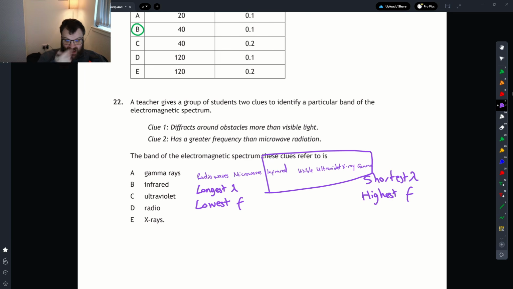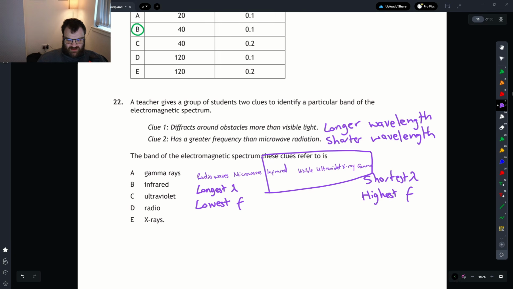And then diffracts around objects more than visible light. So that means it's going to have a longer wavelength because they're more affected by passing around an object. And then this one, greater frequency, means shorter wavelength. So that can only then be infrared radiation, which is going to give us B.